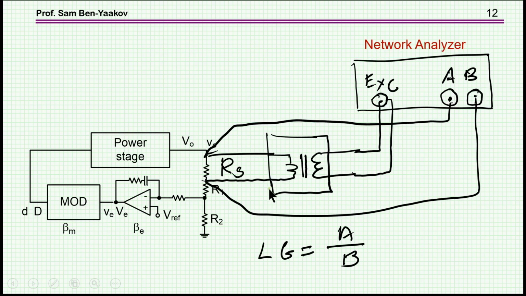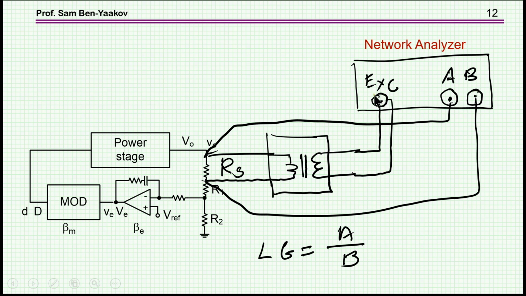So the way we can do the measurement is to use a test instrument called a network analyzer or frequency response analyzer, FRA. And this analyzer has at the minimum 3 terminals.